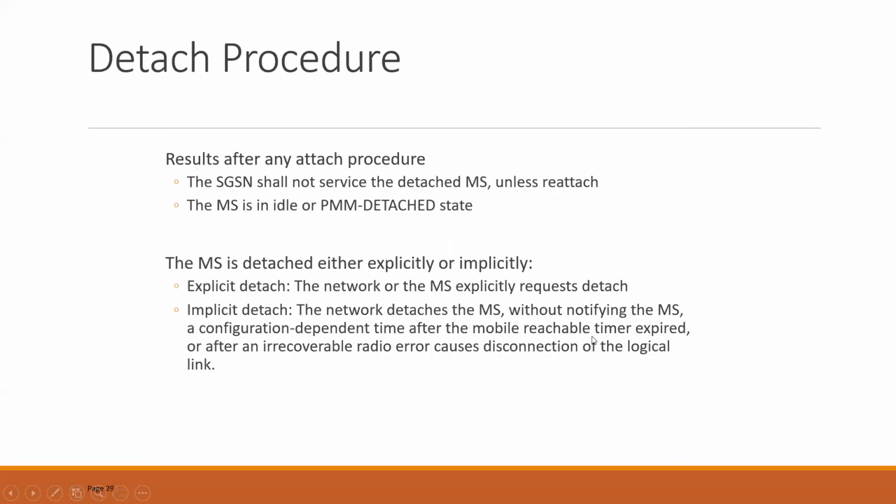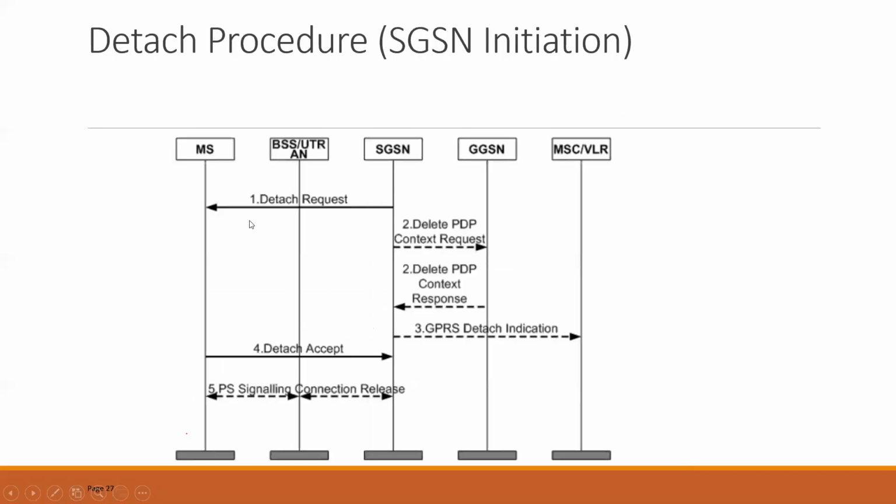In an implicit detach, you will detach the network, you will detach the MSISDN, but you will not inform the mobile station. This is usually done when your mobile reachable timer has expired, or there is a radio connection issue based on which your detach request is not used. So the MSISDN thinks that it is still attached to the SGSN, and the SGSN does not have that information.